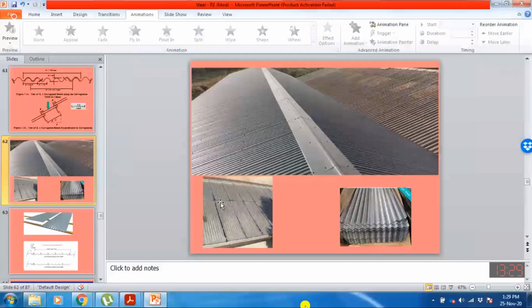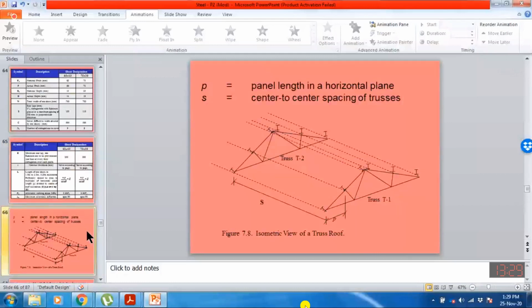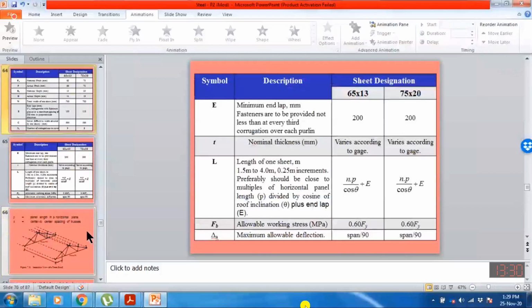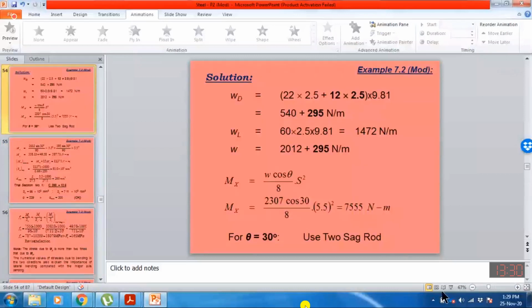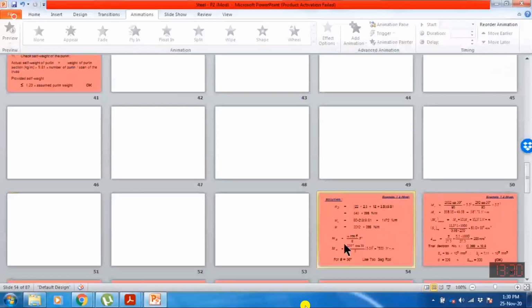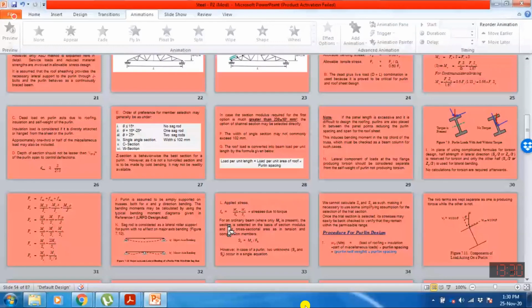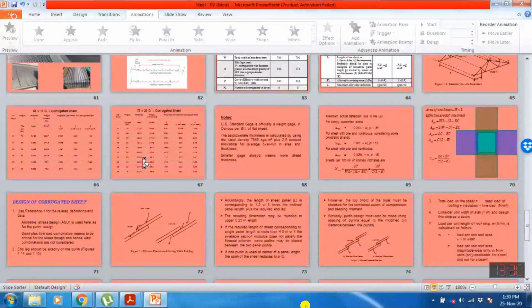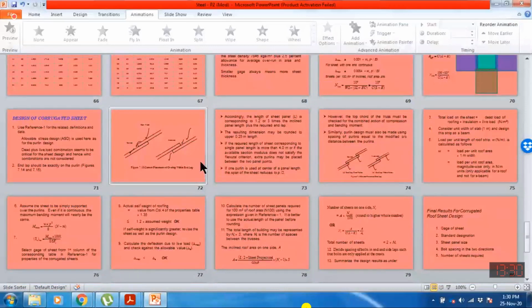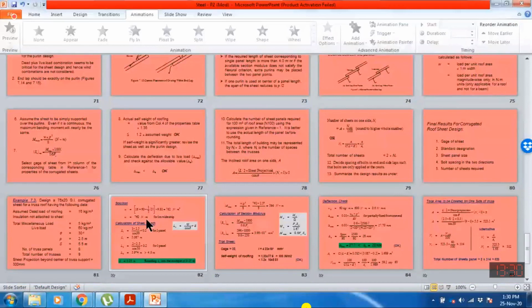Last time I also explained this. I believe last time I had one slide where I sketched the roof sheets. Here.